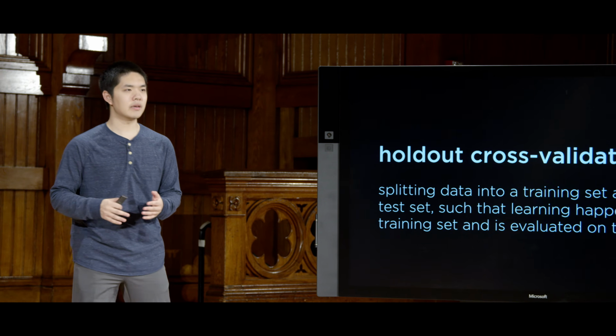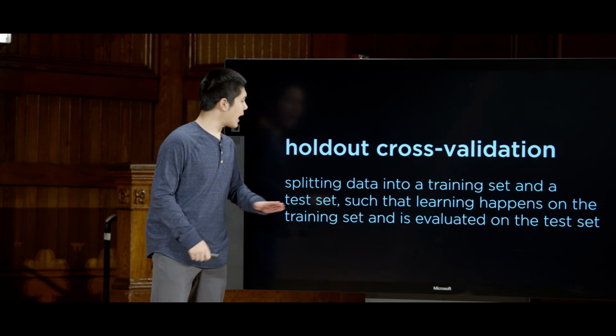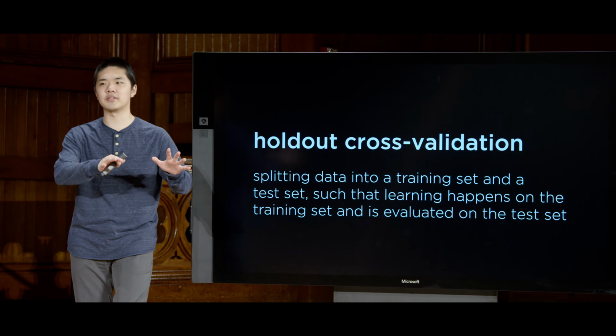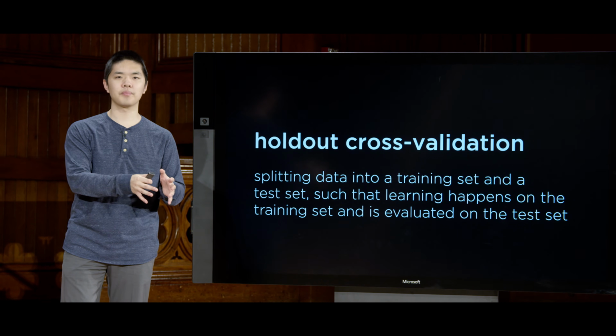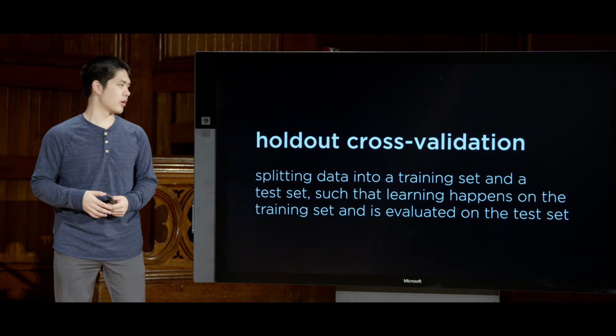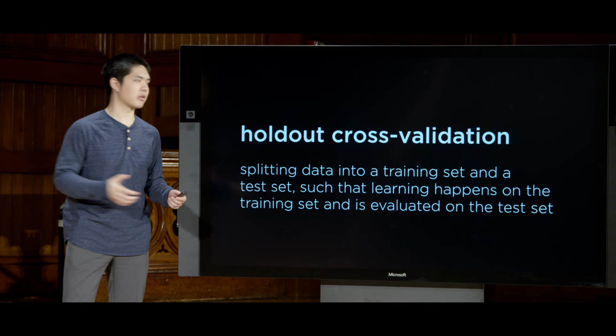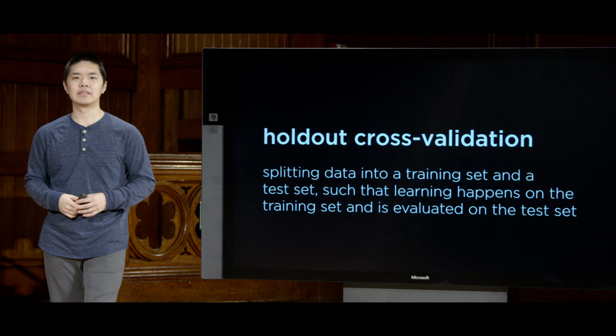And then we see, all right, now that we've trained the model, how well does it do at predicting things inside of the testing set, some set of data that we haven't seen before. And the hope then is that we're going to be able to predict the testing set pretty well if we're able to generalize based on the training data that's available to us.